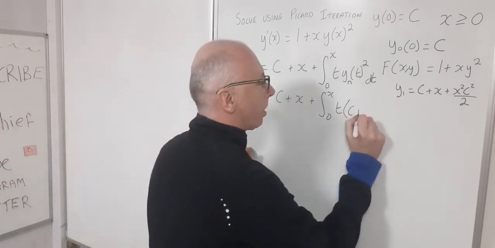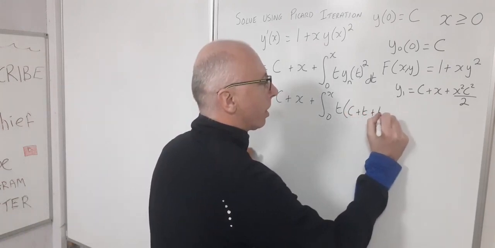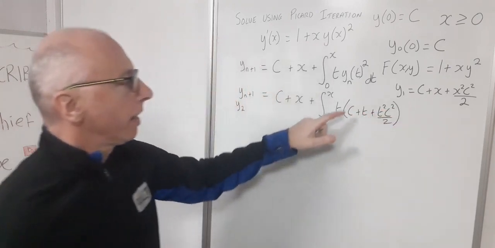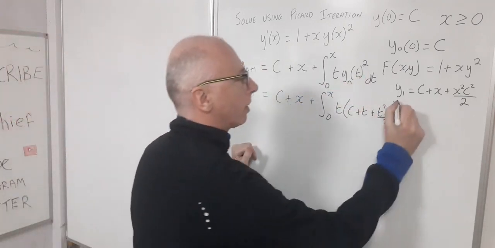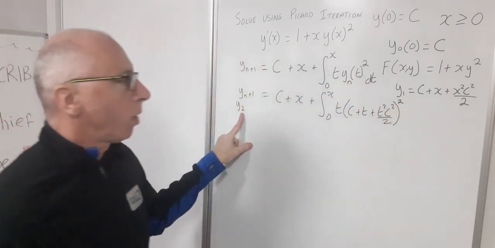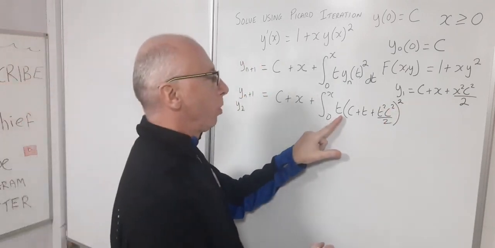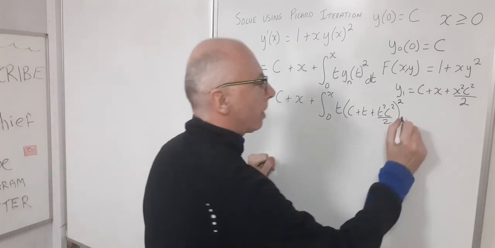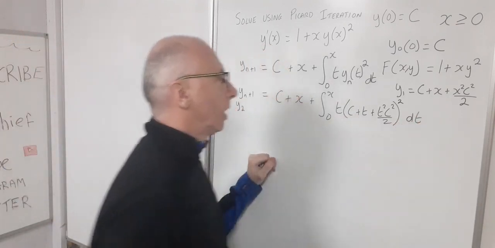So now we've got c plus t squared c squared over 2, and this is all squared. So as we're finding y of 2, this one here will be our y of 1. So that's what we're plugging in there, and then integral with respect to t.